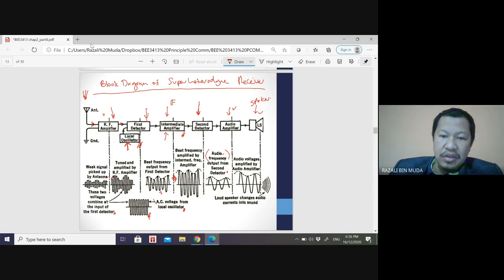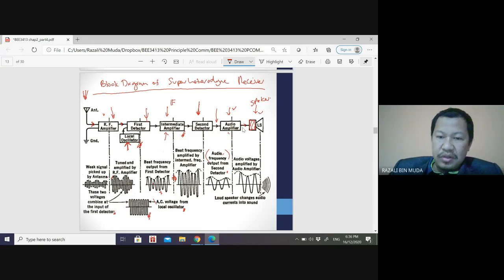This audio frequency signal is then amplified by the audio amplifier stage, and the output from the audio amplifier is fed into the speaker.